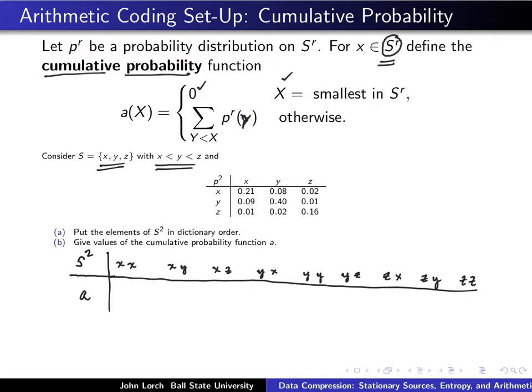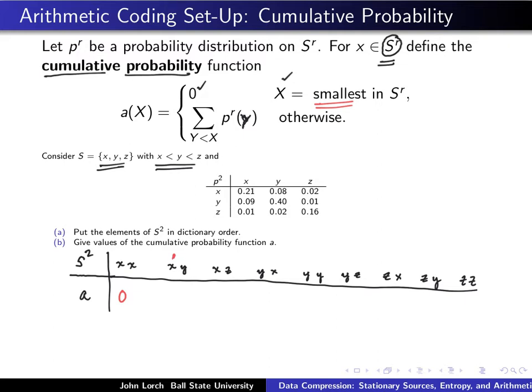XX is the smallest string in S2, and so we assign the value 0 to that. Now when I take A of XY, I'm going to be adding up all of the probabilities of the strings that are less than the given string XY.